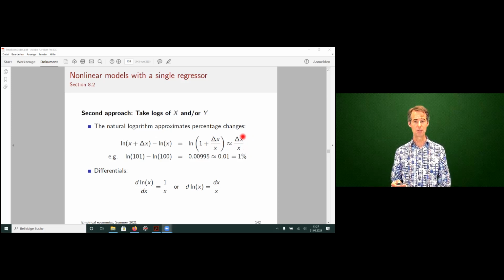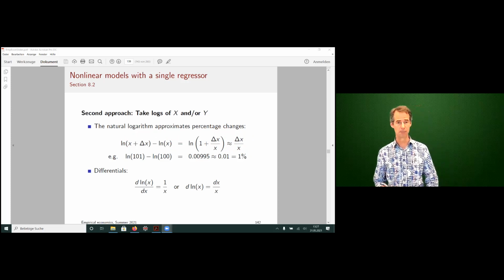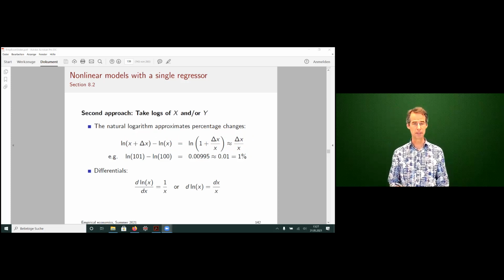And this is the percentage change. So the log difference is roughly equal to the percentage change of the variable. And if we put in two numbers, just to get a numerical example, let's look at the case where x is 100, and we increase that by 1%, or by 1 unit in this case, to 101.